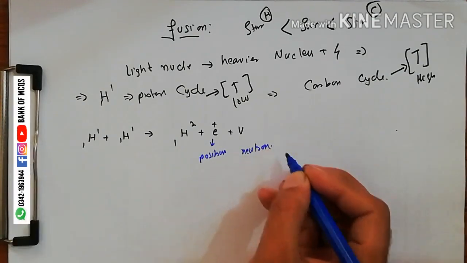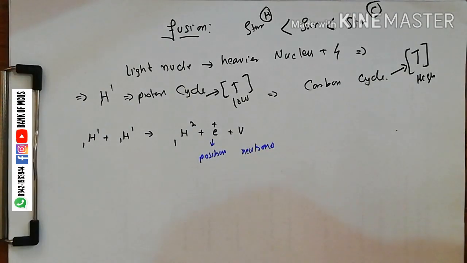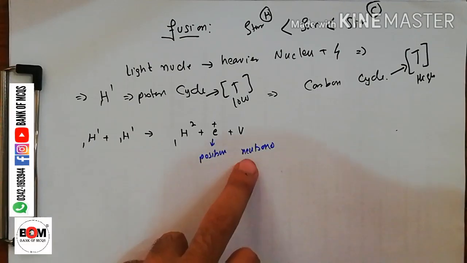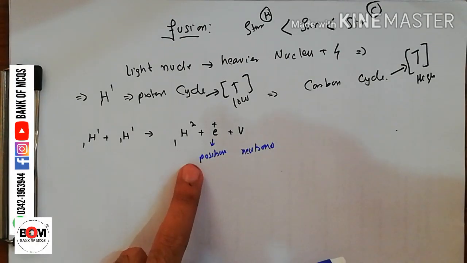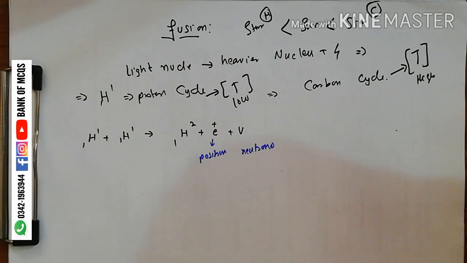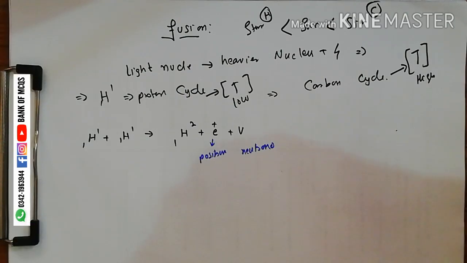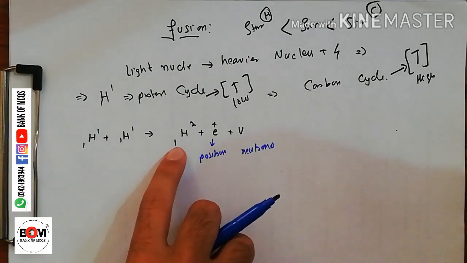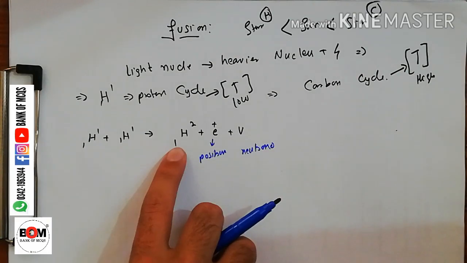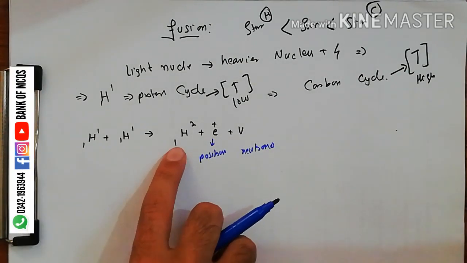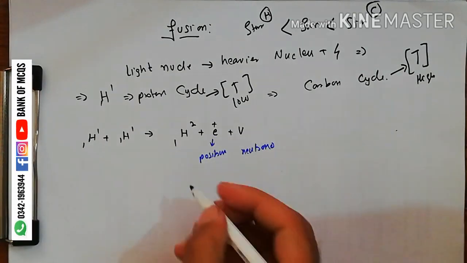One is neutrino and the other is anti-neutrino. Neutrino is produced with a positron and anti-neutrino is produced in the case of an electron. Now this produces the deuteron.